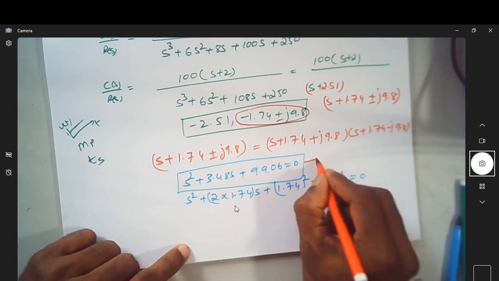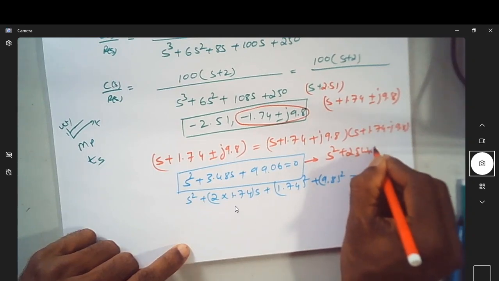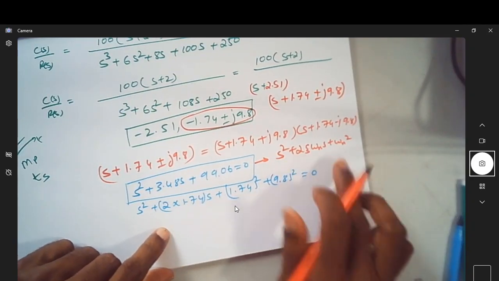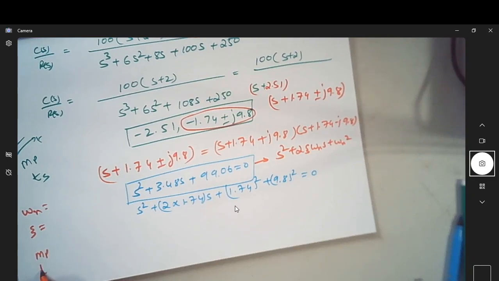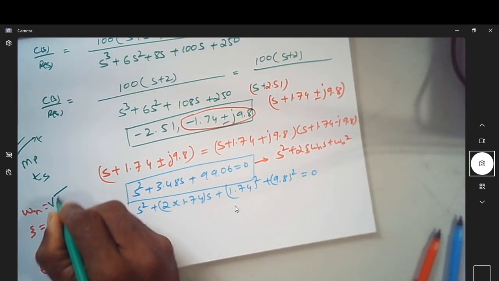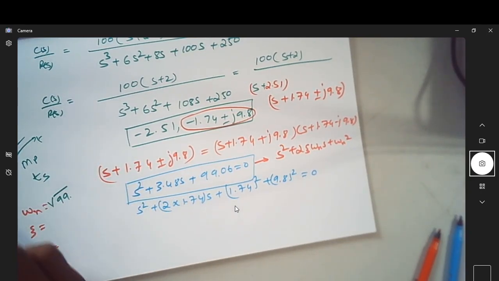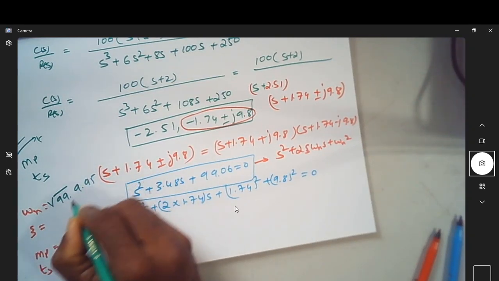So I will equate this to s square plus 2 zeta omega n s plus omega n square. When I equate omega n and zeta, I can find what is MP and TS. So what is omega n? Omega n is root of 99. Root of 99 is 9.95.